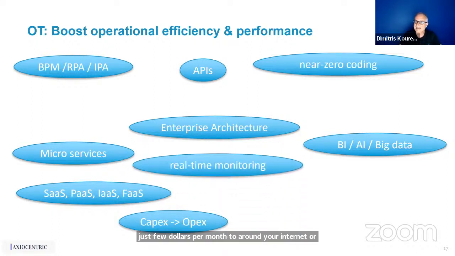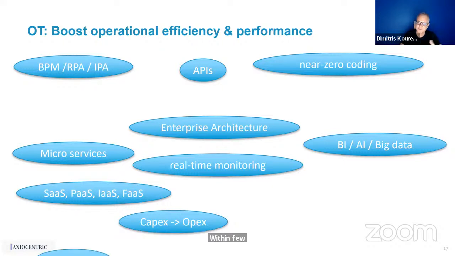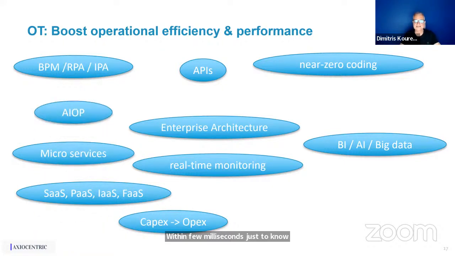Or sometimes you need hybrid, of course. We're talking about real-time monitoring. It's not acceptable that your systems have a problem and you don't know about that within a few milliseconds. You should know today. We have all the data, and this is why we talk about AIOps. We're talking about low-touch IT.